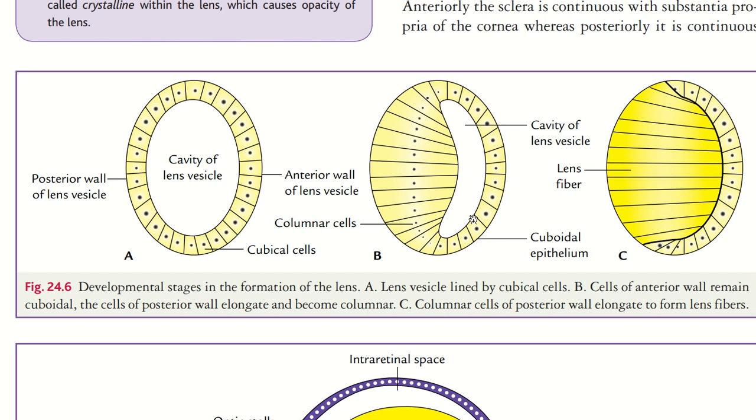As they reach the anterior wall of the lens, these are the cells that will later form your lens fibers. Remember, your lens is made by lens fibers. These are not actually fibers, but cells called lens fibers that have crystallin, which is transparent, responsible for refraction of your light. Very important.